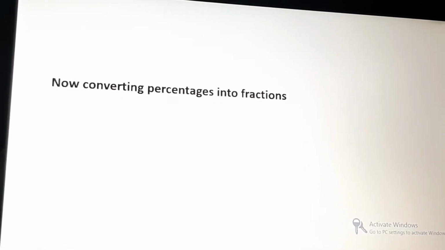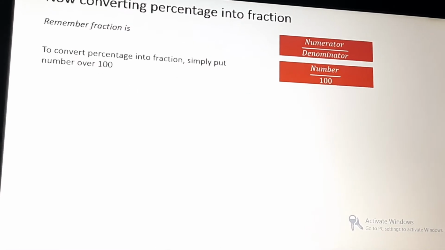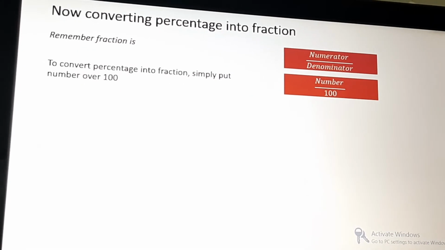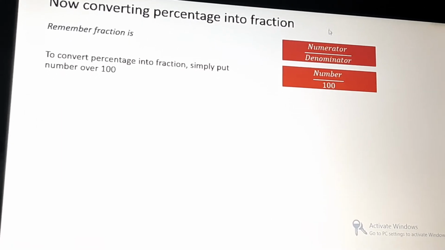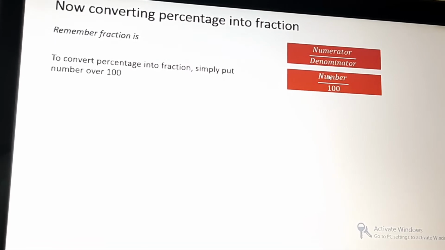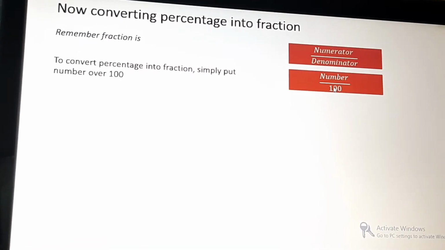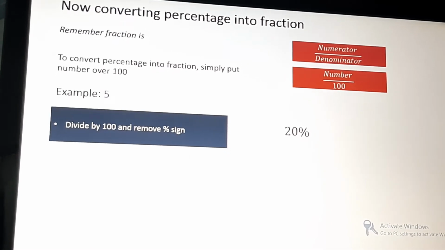Now we will be learning how to convert the percentage into fractions. For the fraction, we need to have a numerator and a denominator. And to convert the percentage into fraction, we will simply put the number over 100. Example, it's 20%.